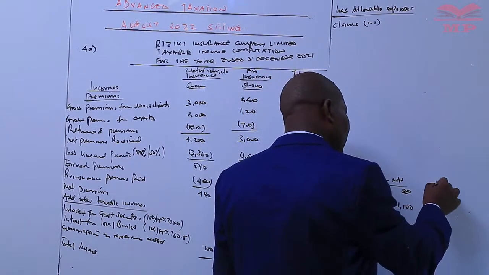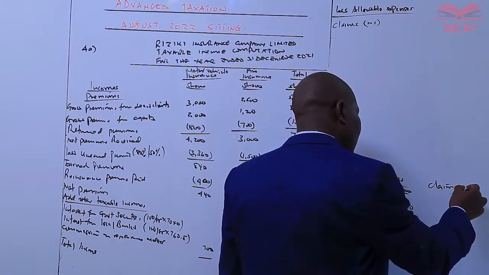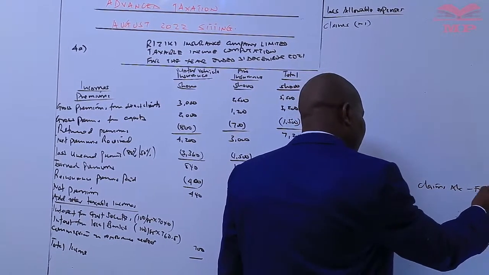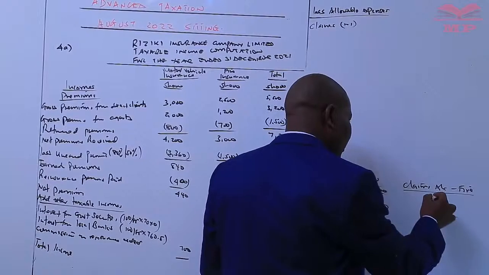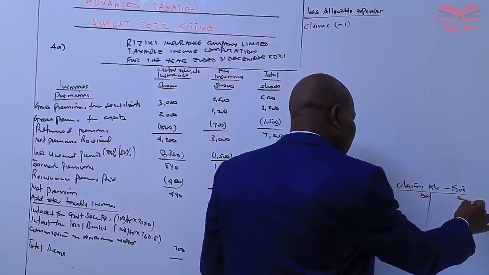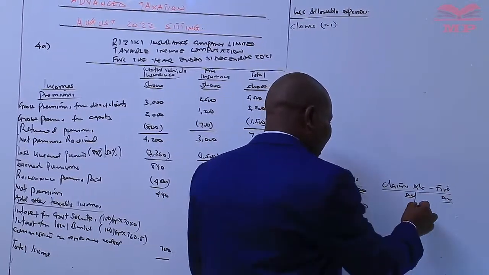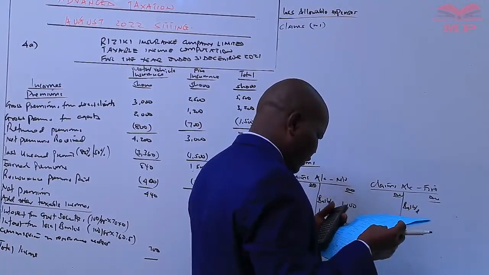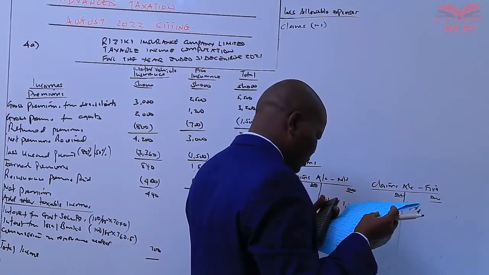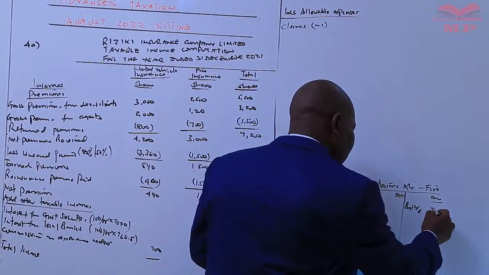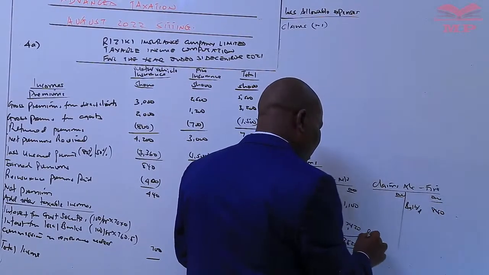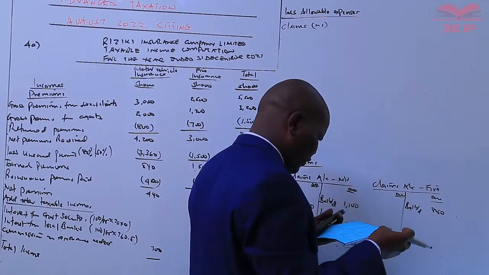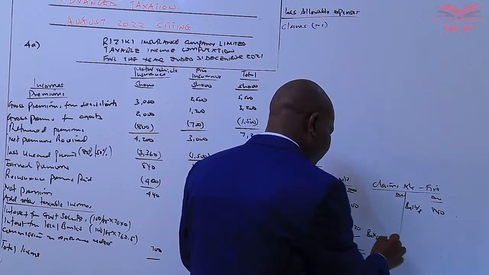We do it for fire, claims account, fire insurance. The same procedure with the same rules. Balance brought down, that is accrued claims at the beginning of the year, for fire is 840,000. Balance carried down, that is information 1, is 480.